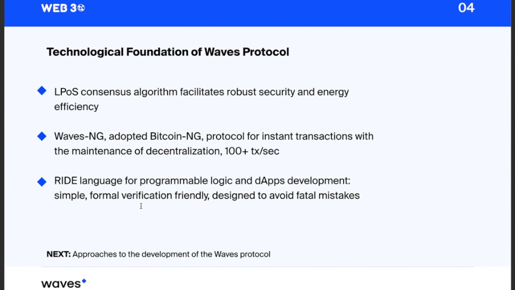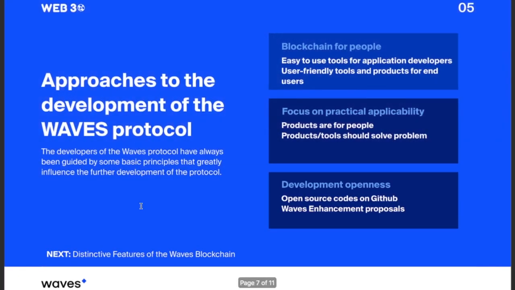Next, we'll look at the approaches that are being followed in developing the Waves protocol. Approaches to the development of the Waves protocol. These approaches are very important for every single product and improvement that is done on the Waves protocol. First, the team realized that the blockchain is meant for the people.